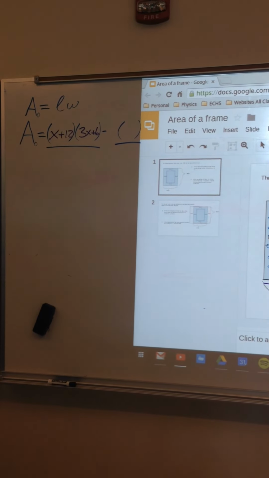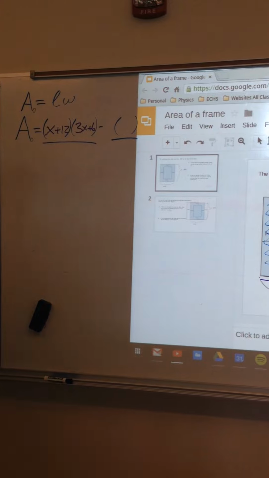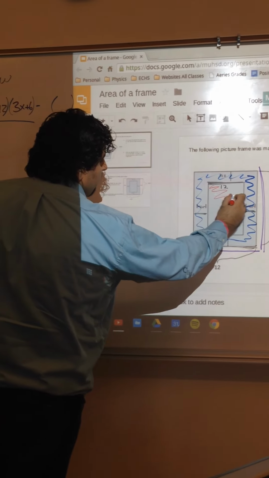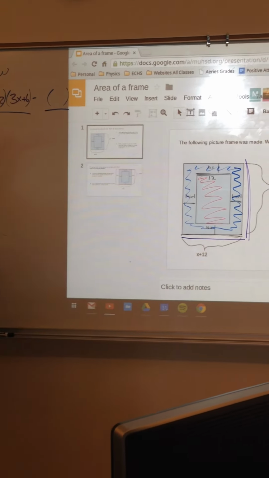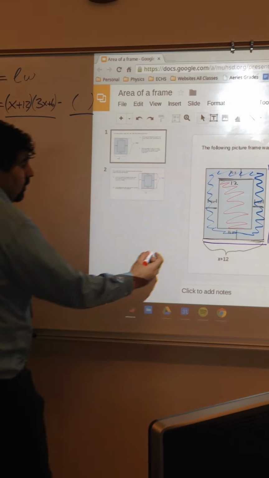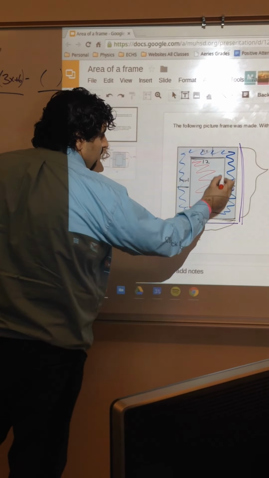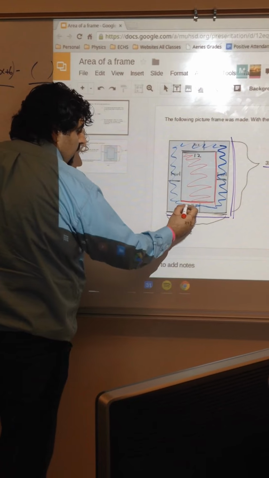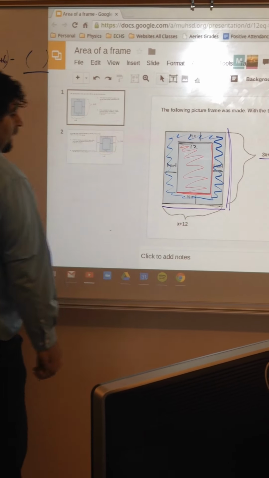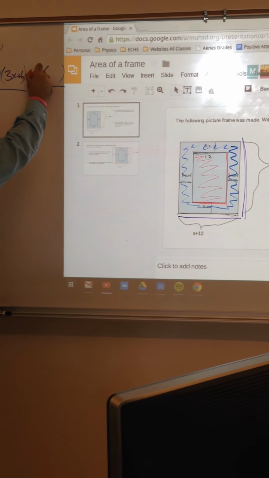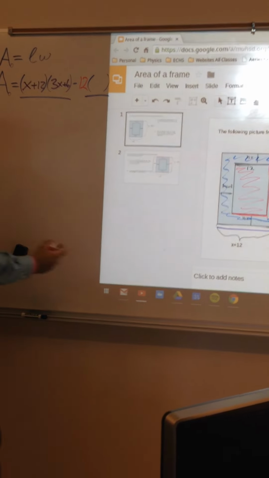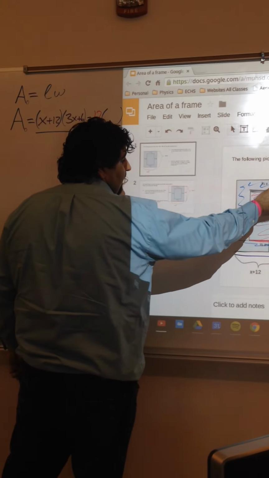Now, in order to be left with only the frame, we want to take away the picture. To do that, we need to know what this is and what this is. This we already talked about in number 1. It is 12. So we have 12, and we multiply by whatever this is.